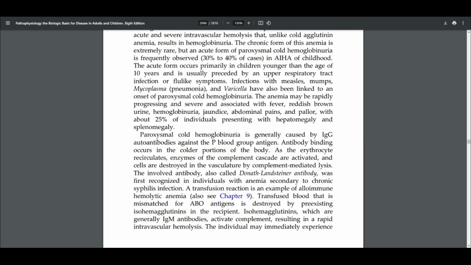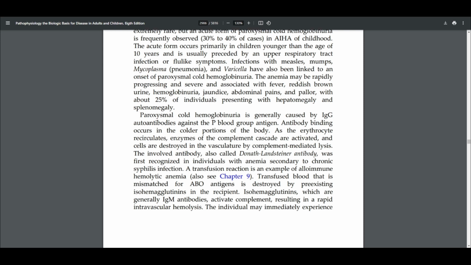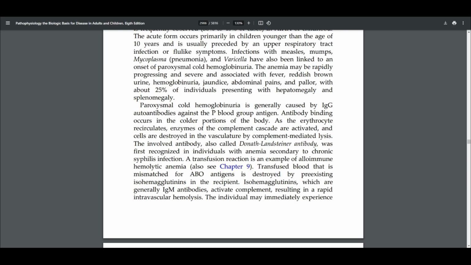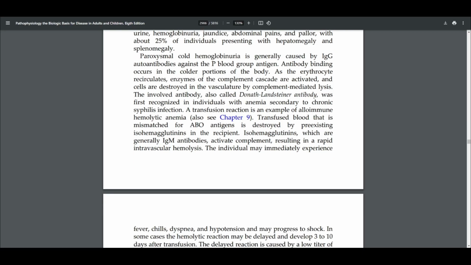The acute form occurs primarily in children younger than the age of 10 and is usually preceded by an upper respiratory tract infection or flu-like symptoms. Infections with measles, mumps, mycoplasma, and varicella have been linked to an onset of paroxysmal cold hemoglobinuria. The anemia may be rapidly progressing and severe and associated with fever, reddish-brown urine, hemoglobinuria, jaundice, abdominal pain, and pallor, with about 25% of these individuals presenting with hepatomegaly and splenomegaly.